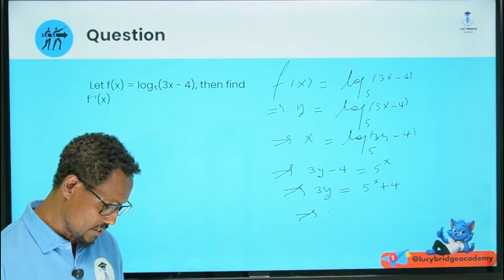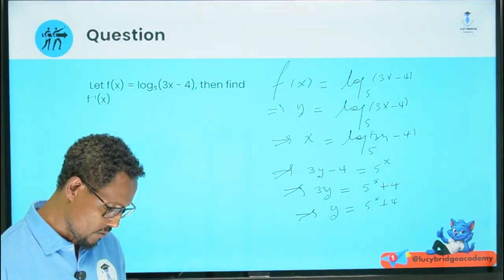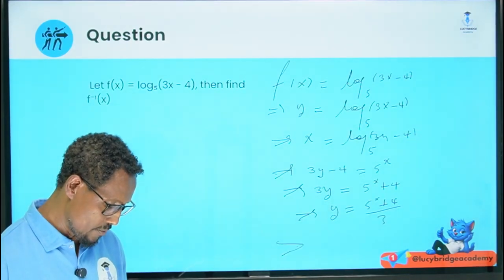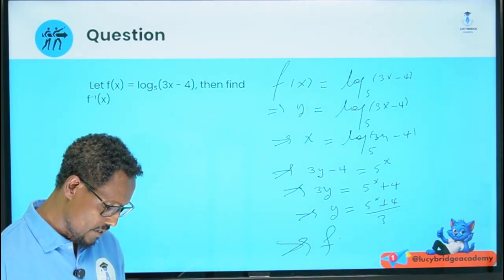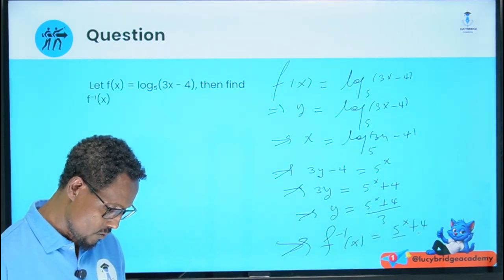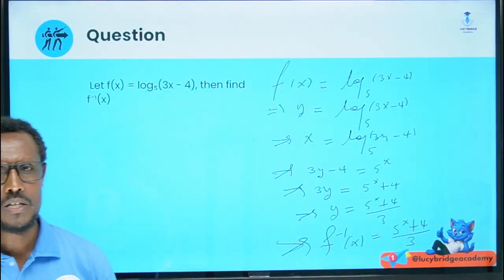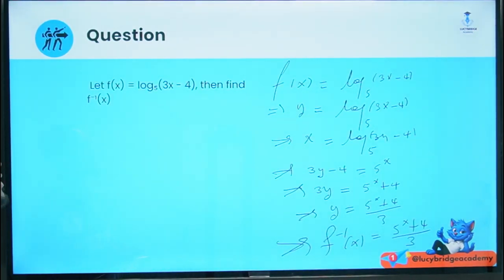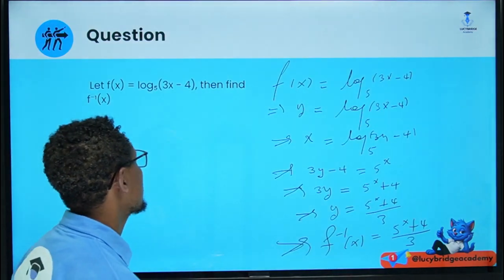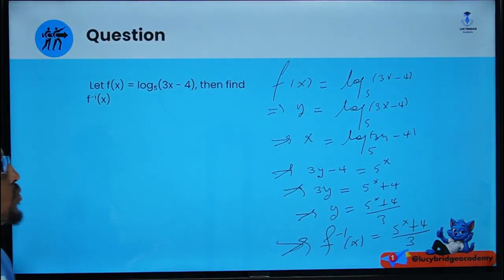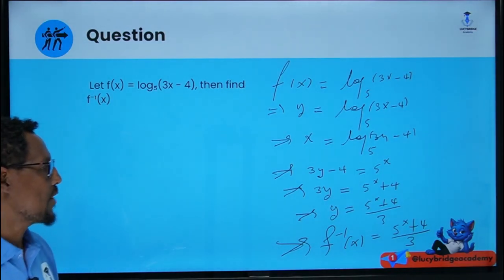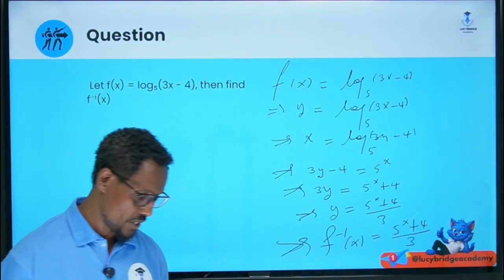Dividing both sides by 3, y is equal to 5 to the power of x plus 4 over 3. This implies that f inverse of x is equal to 5 to the power of x plus 4 over 3. This is the inverse of the logarithmic function f of x, which is equal to log of 3x minus 4 to the base 5.